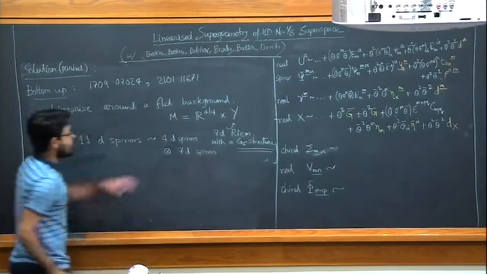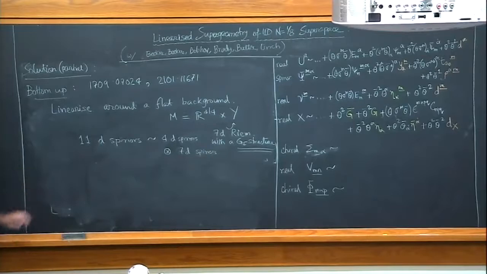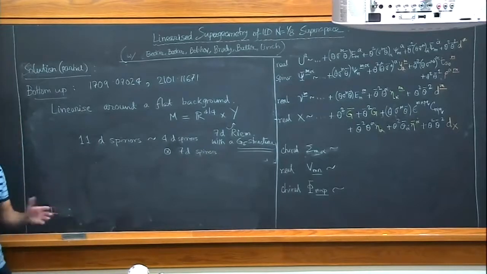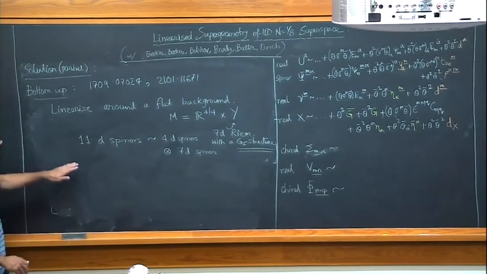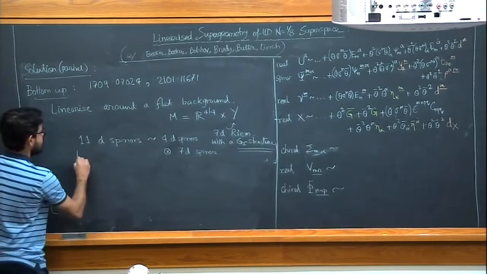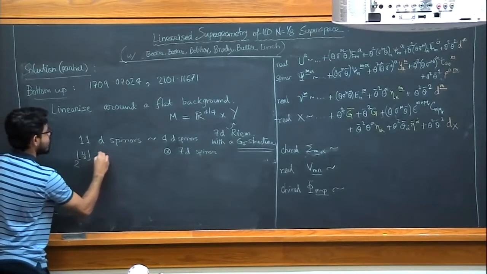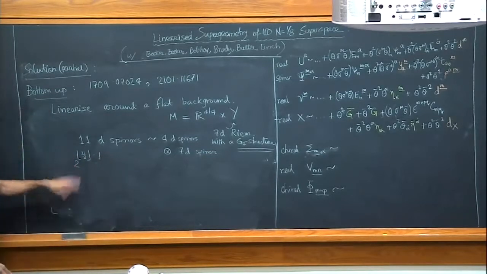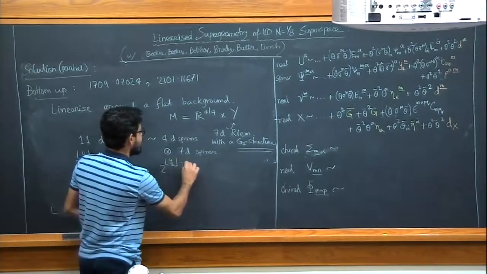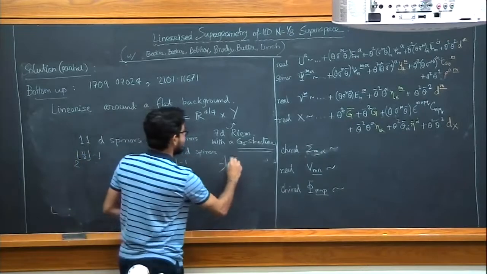So why is this unique to spinors? It's because the number of independent spinors that you can have in any arbitrary dimension goes as an exponential of 2. So in 11 dimensions, you have 2 to the 11 over 2 independent spinors, in 4 dimensions you have 2 to the 4 over 2, and in 7D you have 2 to the 7 over 2.